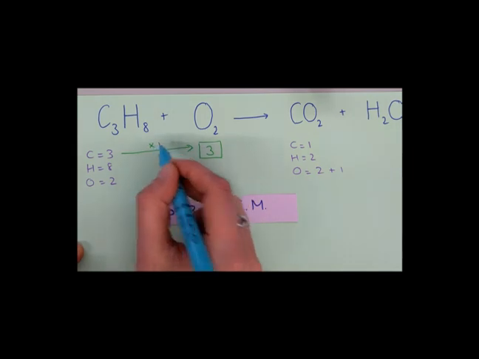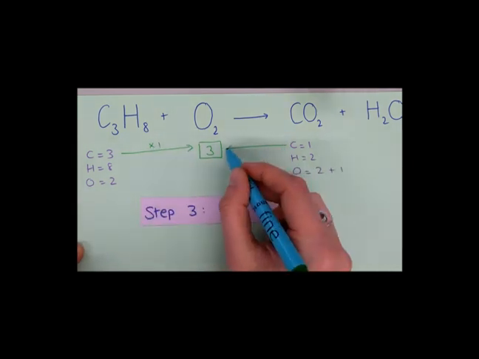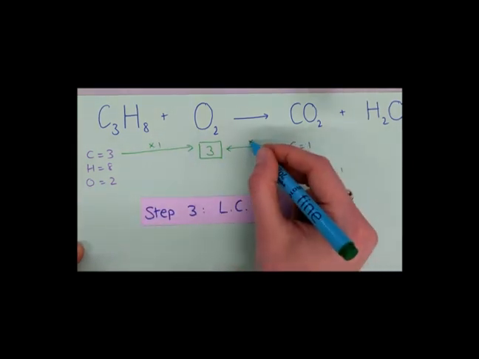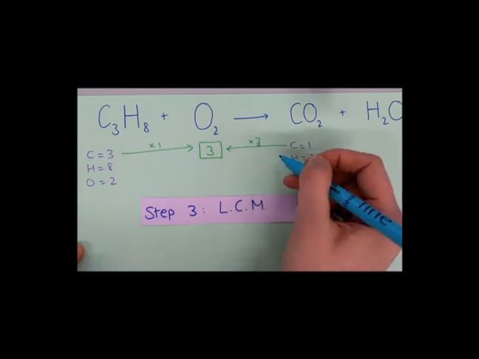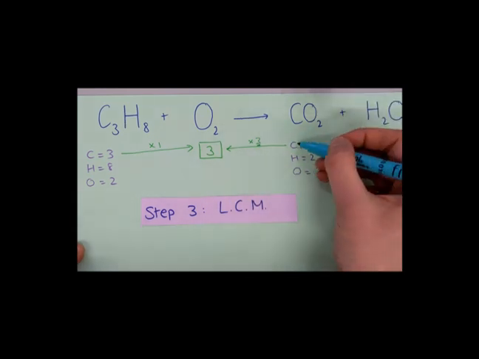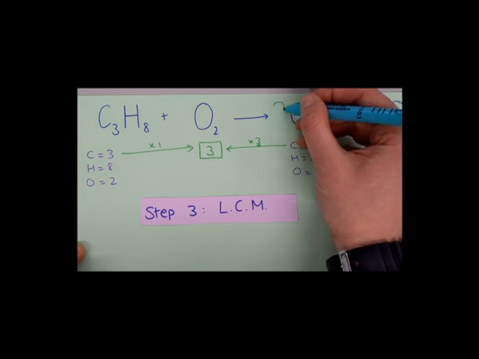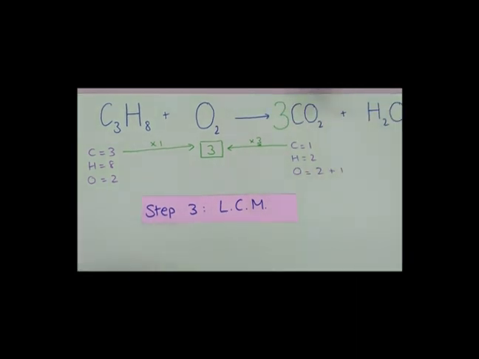This side doesn't need to do anything. This side, to get from 1 to 3, I times by 3. This 3 is going to be the coefficient. It goes in front of the compound that has carbon in it. Goes there.